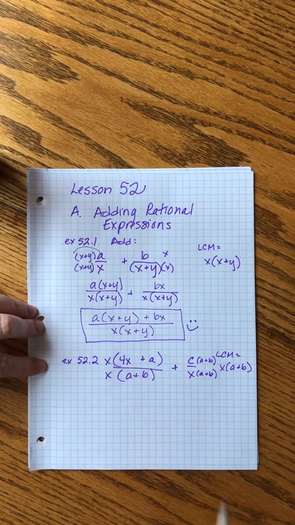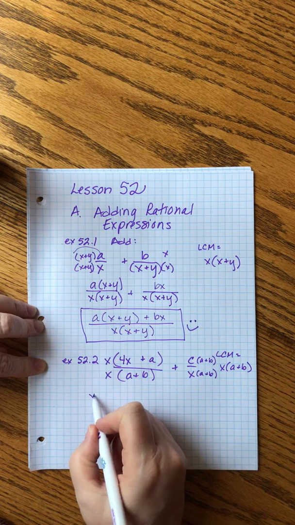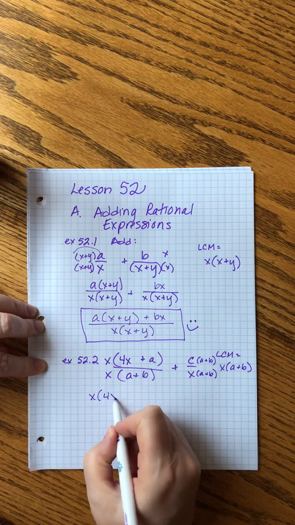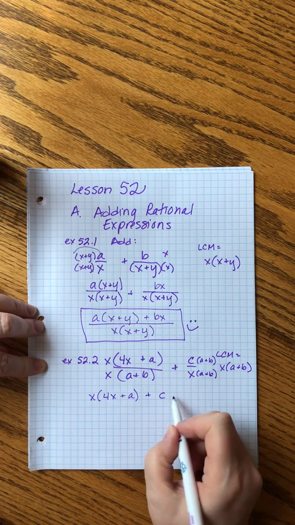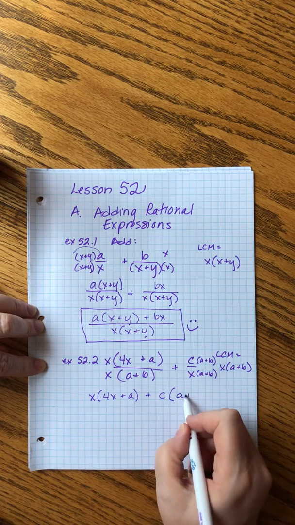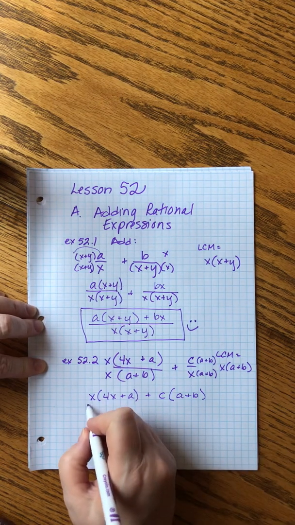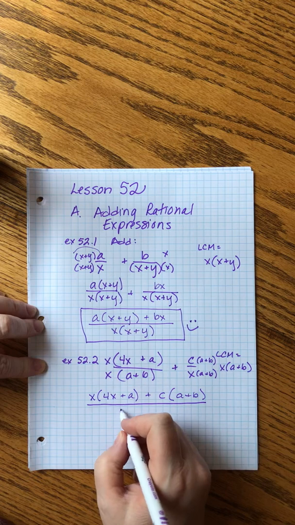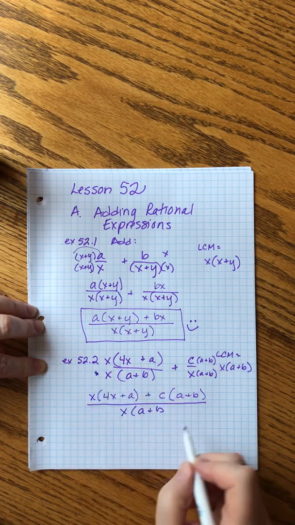All right, now both my denominators look nice, and so I just need to do the top. x times the quantity 4x plus a, plus c times the quantity a plus b, and it's all over x times the quantity a plus b, which is right here.